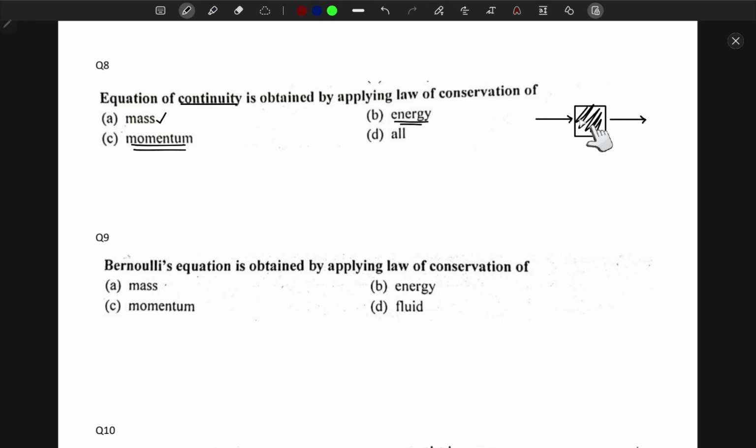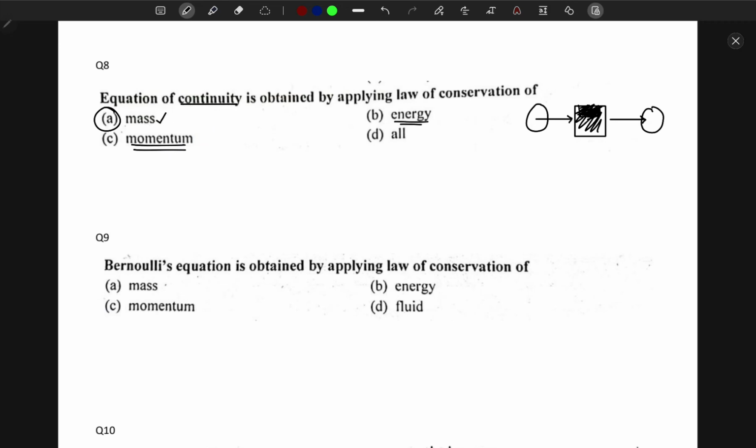So the mass has to be conserved, right? Whatever is flowing in should be flowing out as well. If it's not, then according to conservation of mass, it stayed inside over this object. So the equation of continuity is obtained by the conservation of mass.